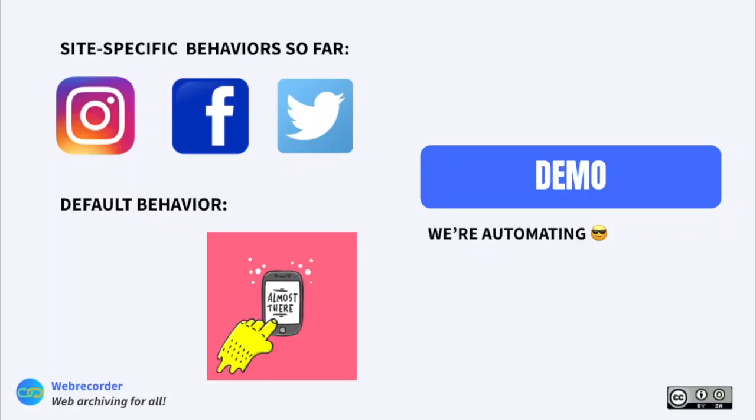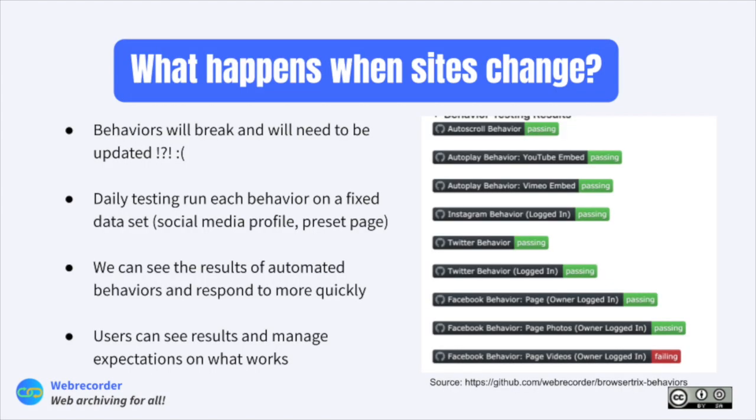Yeah, I didn't get a chance to show this. Thanks, Lorena, for finding this image, which I think captures what auto scroll does pretty well. This is a key thing that I wanted to cover as well: what happens when sites change, and they inevitably will change and things will break.